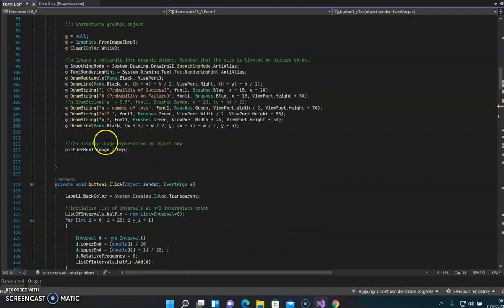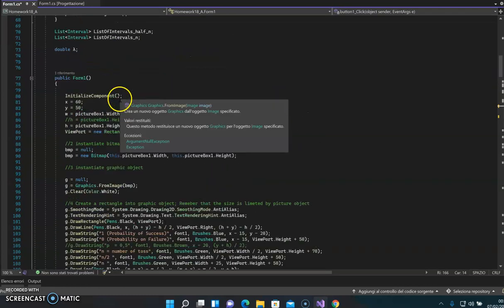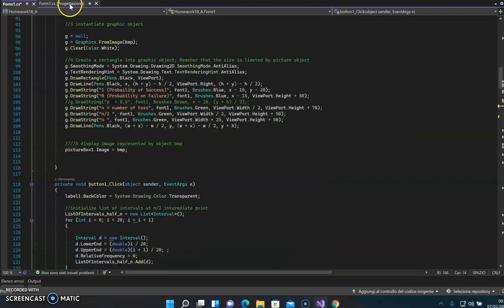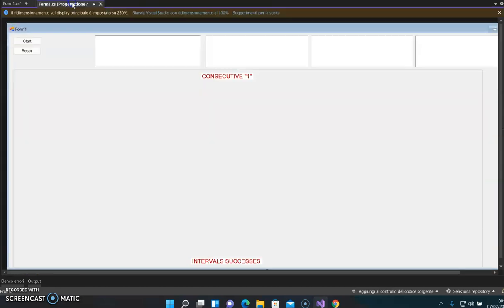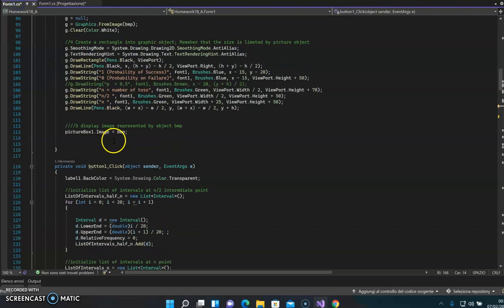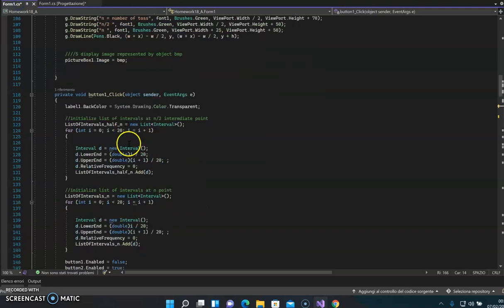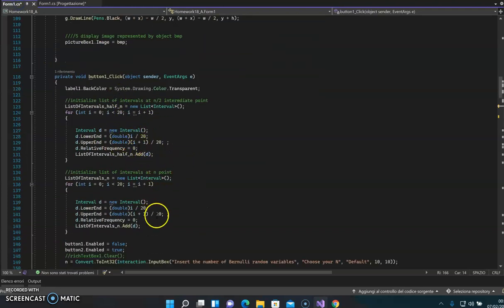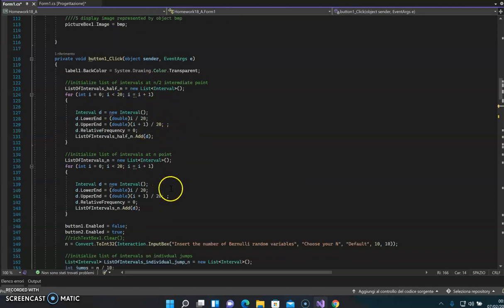Here there is all the procedure to initialize the form, which has a picture box, 4 rich text boxes and 2 buttons. By clicking the first button, it initializes a series of data structures, such as lists of intervals.